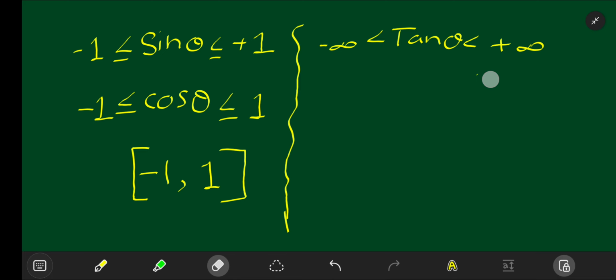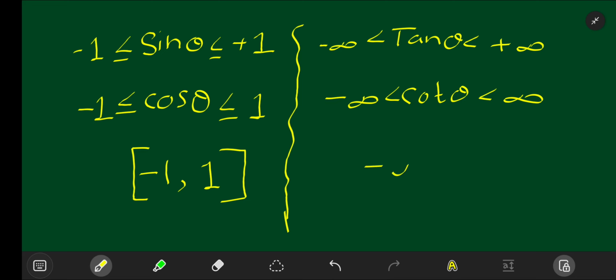Okay, the tan theta range. Similarly, cot theta ranges between minus infinity to plus infinity. Its range is also written as minus infinity comma infinity in open brackets.